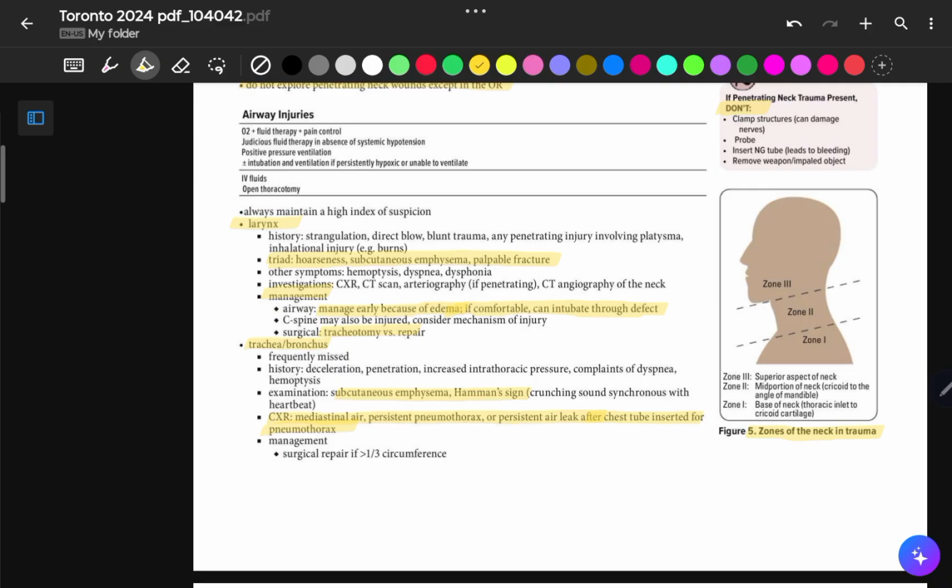The patient presents with subcutaneous emphysema because of the air coming out from the injury site into the soft tissue, and then the Hammond sign. On chest X-ray you're going to have pneumomediastinum, persistent pneumothorax, or persistent air leak after a chest tube is inserted for pneumothorax. So you insert the chest tube, but you still have a persistent air leak.